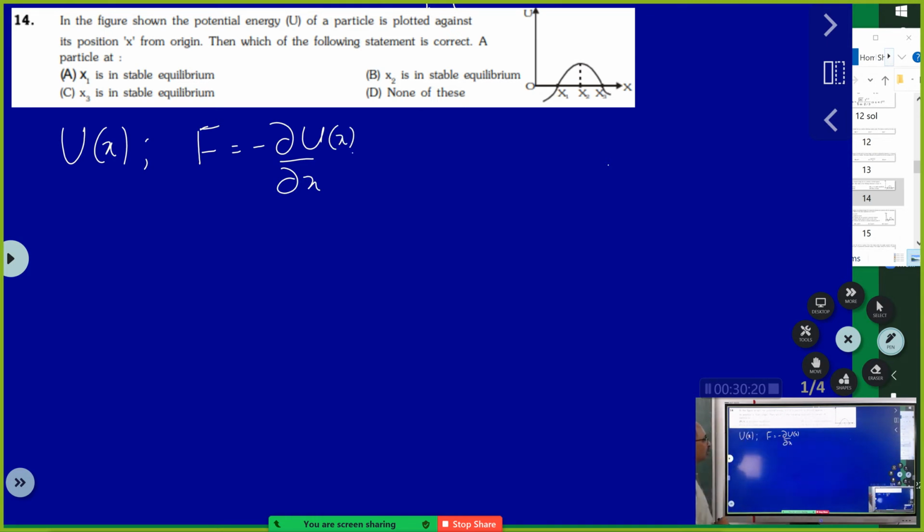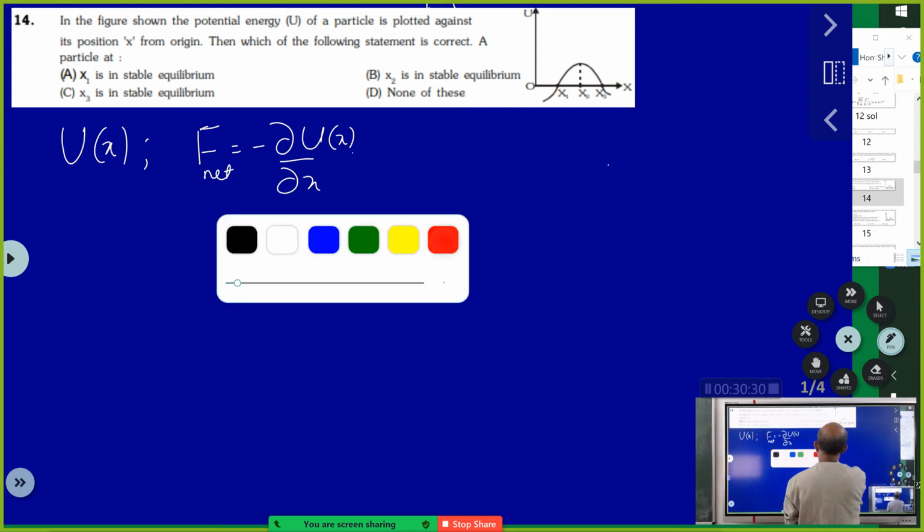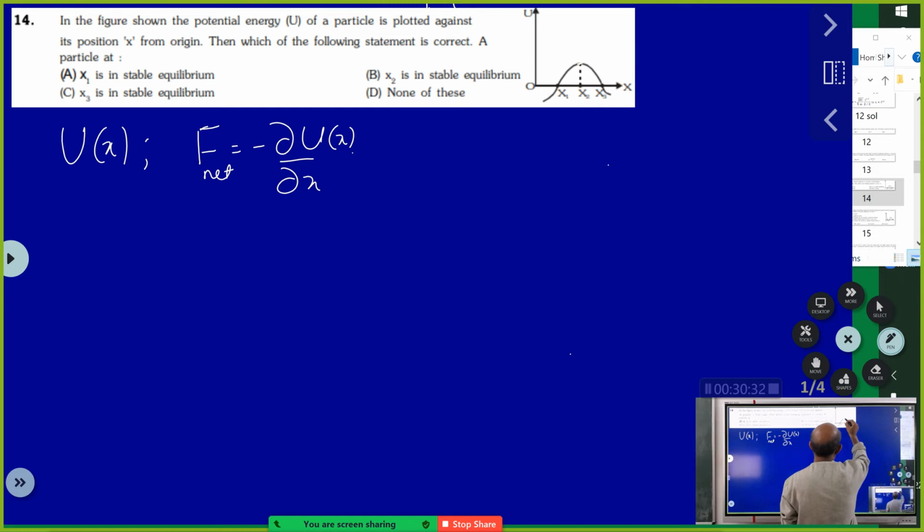So now here, if F net has to be 0, then the slope should be 0. There is only one point where the slope is 0, isn't it? This is the point where the slope is 0. But this point is for what?